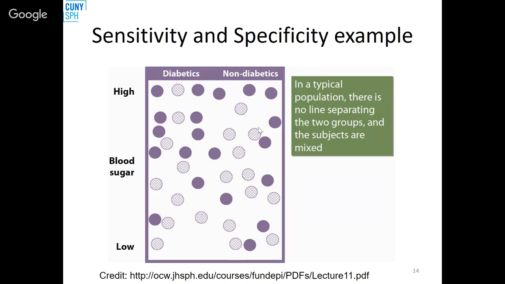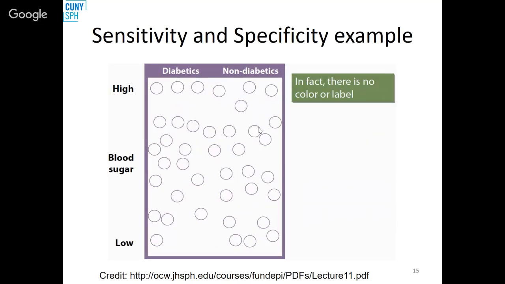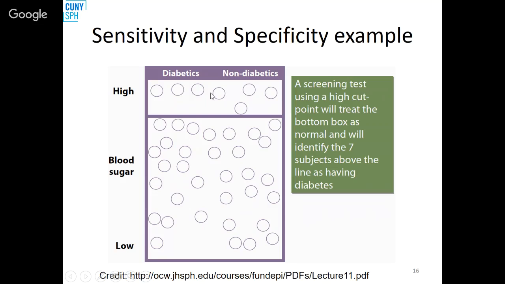We don't know who has diabetes and who does not. So all we have is these measurements. And we know what our predictions will be, but we don't know what their accuracies are anymore. We can only know that based on our studies beforehand, where we did have these true labels.